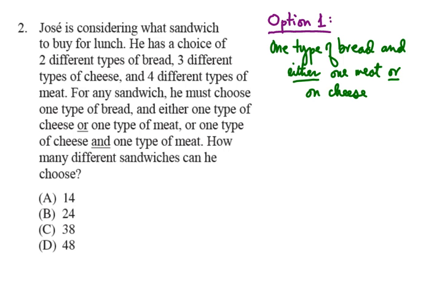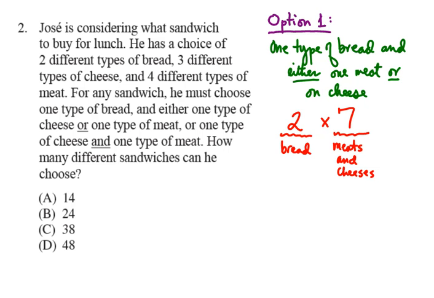So under option 1, Jose can choose one type of bread and either one meat or one cheese. So since there are 2 types of bread and there are a total of 7 different options for filling, there are 3 cheeses and 4 meats.